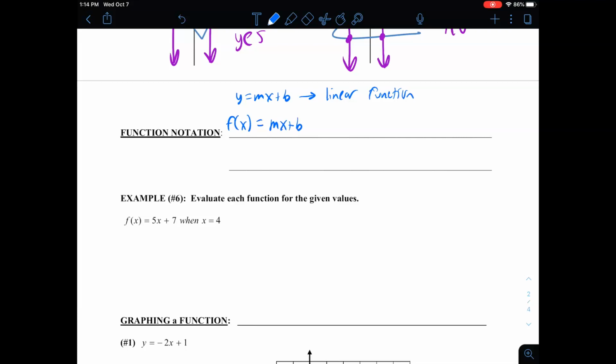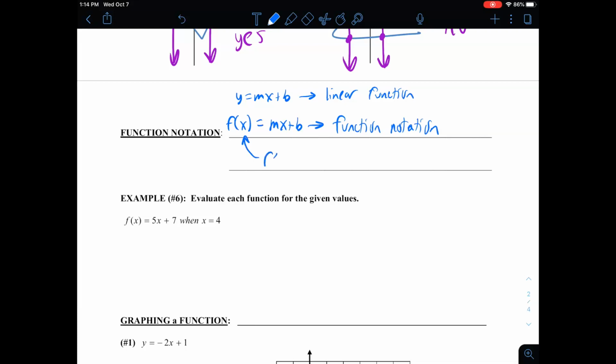It's not f times x, it's f of x, which we'll talk about in a second here. But this is called function notation. Basically it's just a fancy way to replace y to make it a little bit easier to work with some harder kind of equations and harder kind of functions, I guess.